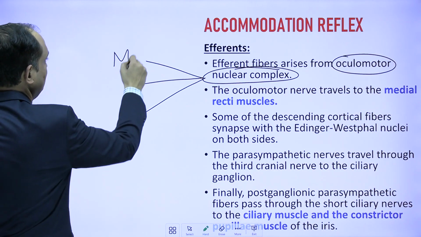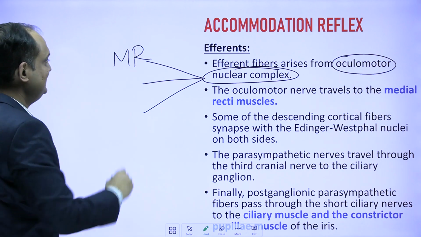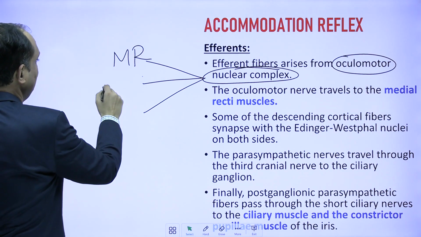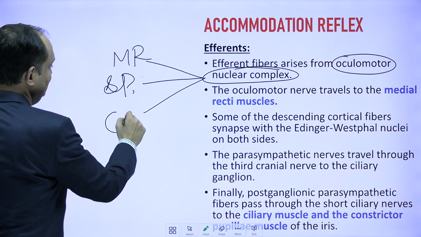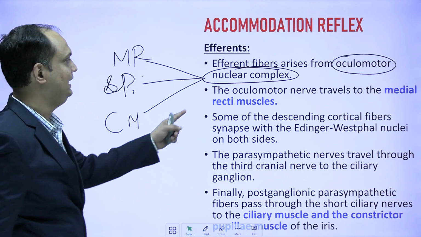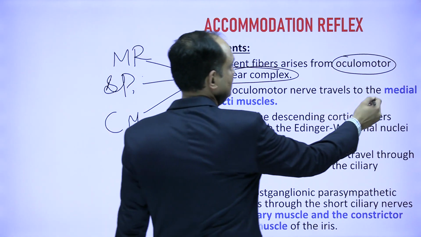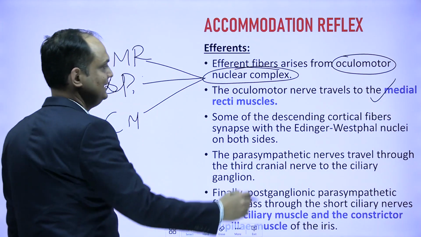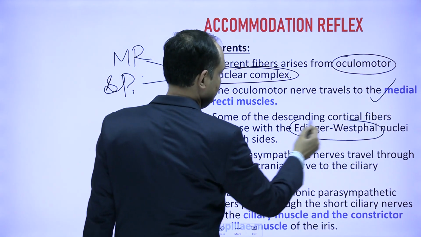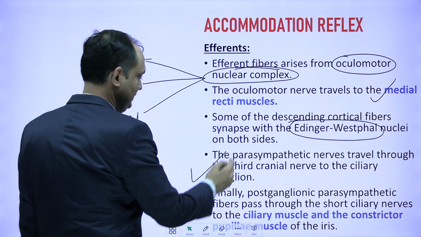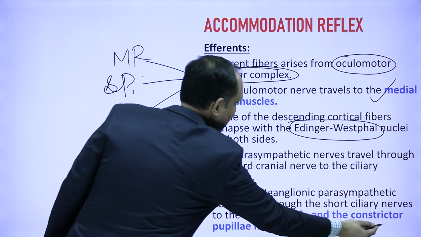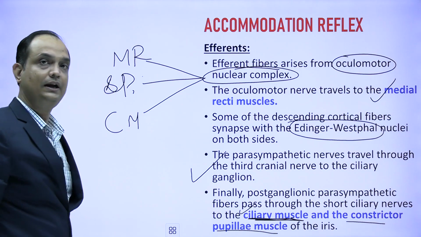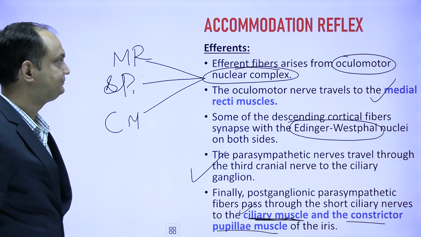One is for the contraction of the medial rectus, and the second is the parasympathetic output for the sphincter pupillae and ciliary muscle. So, there is contraction of the medial rectus and stimulation of the Edinger-Westphal nucleus, and ultimately there is stimulation of the ciliary muscle and constriction of the pupil takes place.